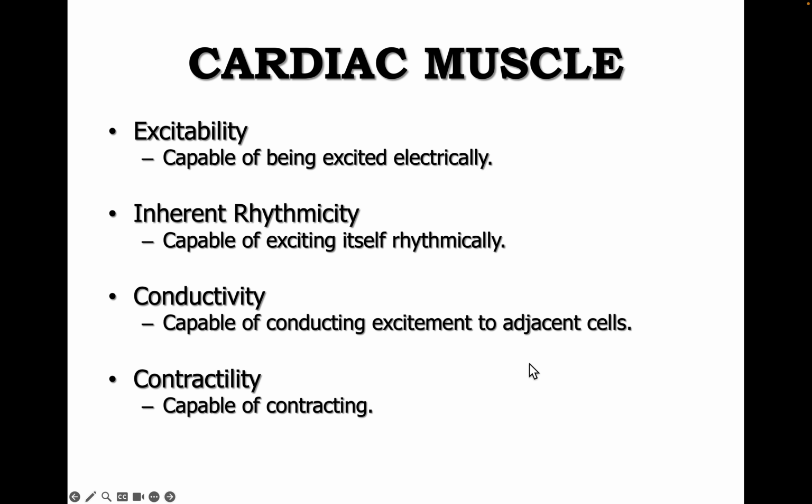That is unique compared to normal muscle in the body. And then, just like with normal muscles in the body, cardiac muscle is able to contract. So essentially, these two middle characteristics are unique to cardiac muscle, versus excitability and contractility, which both cardiac muscle and normal muscle share.